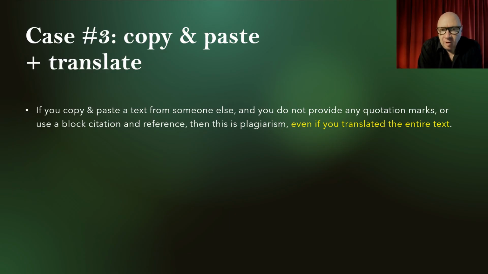A third example of plagiarism is when you copy and paste a text, you translate it or you have it translated by Google Translate or something like that, and then present it without quotation marks and reference as if you wrote that text. So even if you translated the entire text, this is plagiarism.